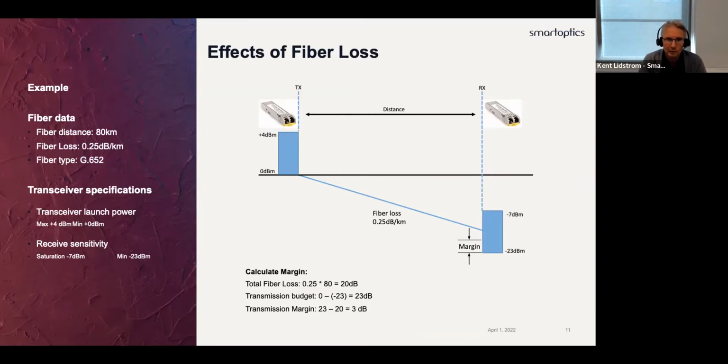So we use the lowest level, so 0 dBm, and then we can go all the way down to -23 dBm. That means we have a transmission budget of 23 dB, and that would give us a margin of 3 dB, basically the difference between the budget and the fiber loss. 3 dB would be a very sufficient margin that I would be satisfied with.